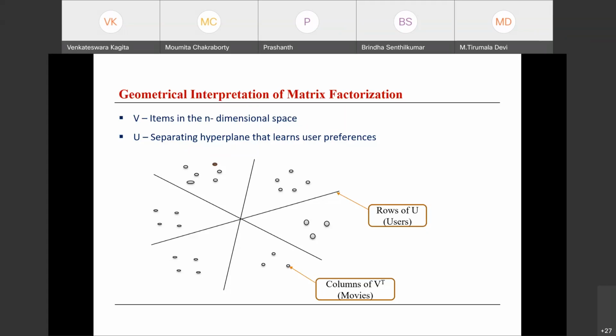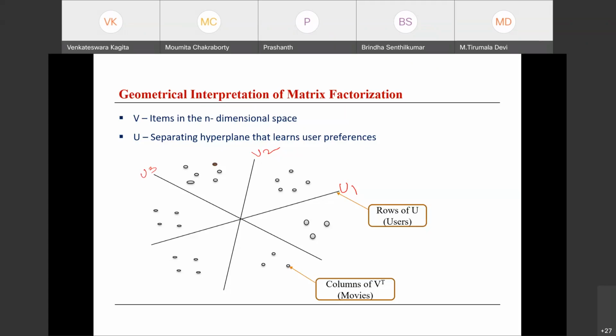Once you plot all the items, you have to learn the preferences, whether the user would like the item or dislike the item. So the latent factors of U are represented as a hyperplane that learns the user preferences. For example, this may be a hyperplane corresponding to user 1, this may be a hyperplane corresponding to user 2, and this may be a hyperplane corresponding to user 3.